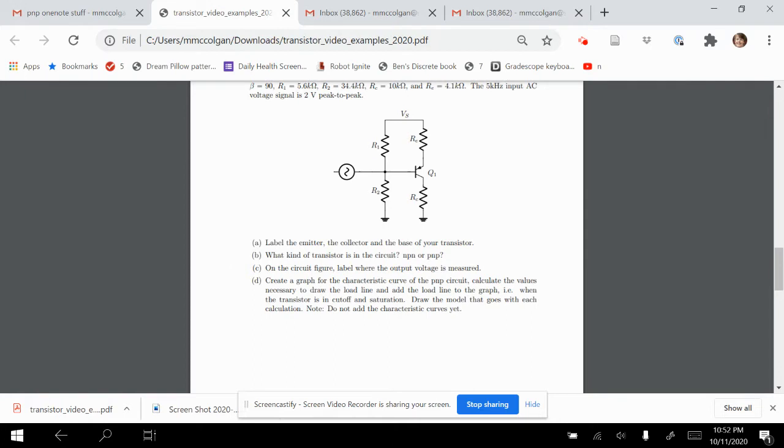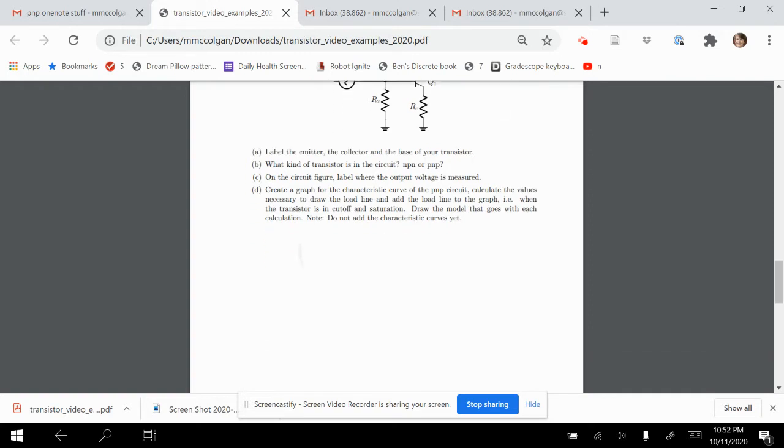What we want to do is label the emitter, the collector, and the base of the transistor. We want to look at what kind of transistor we are using, and label where the output voltage is measured. Then we'll create a graph and draw the load line, and then figure out what the base current is.